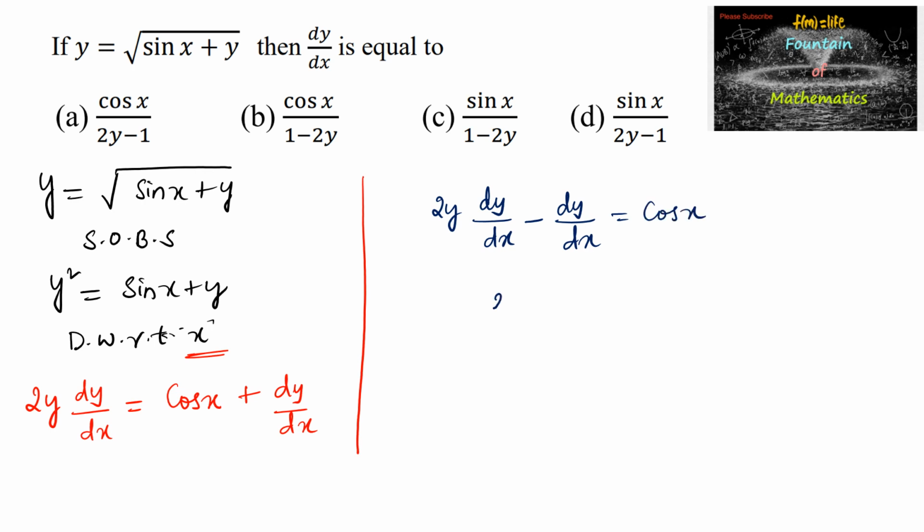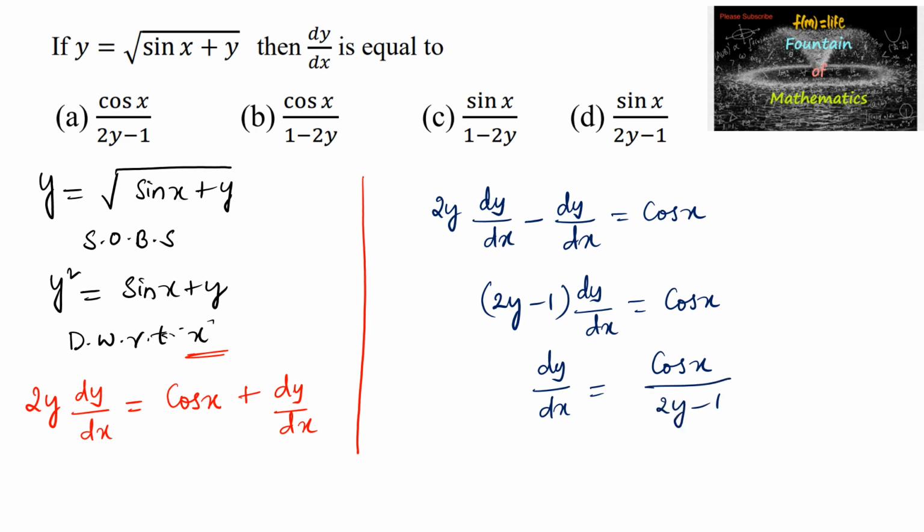Taking dy by dx common, we can write 2y minus 1 of dy by dx is equal to cos x, or we can write dy by dx is equal to cos x upon 2y minus 1. So dy by dx is cos x upon 2y minus 1, which is our option A. So option A is the answer.